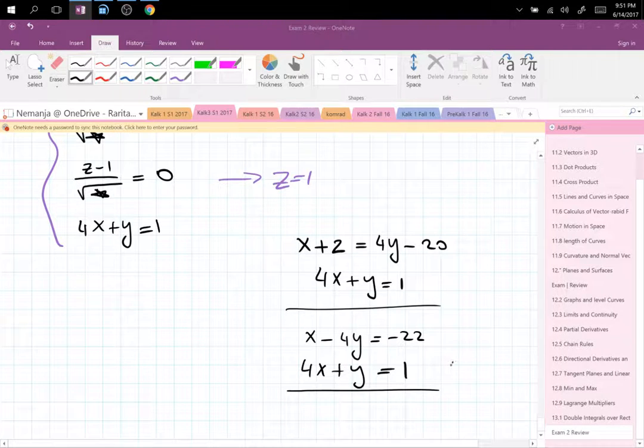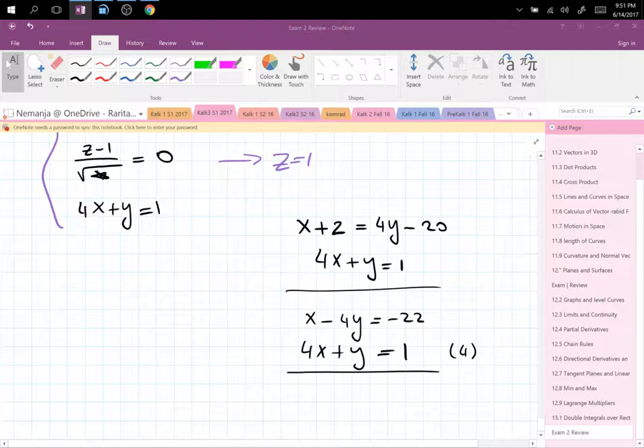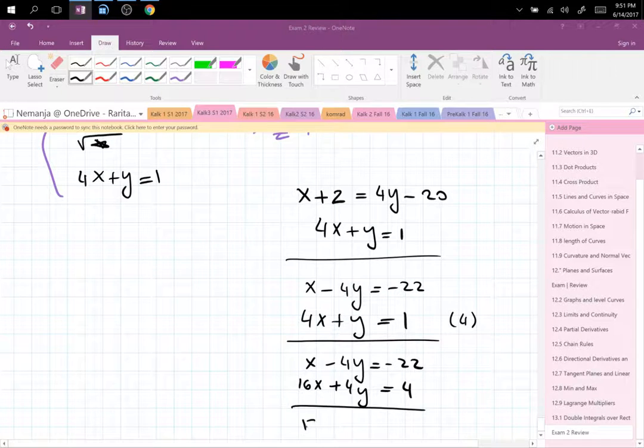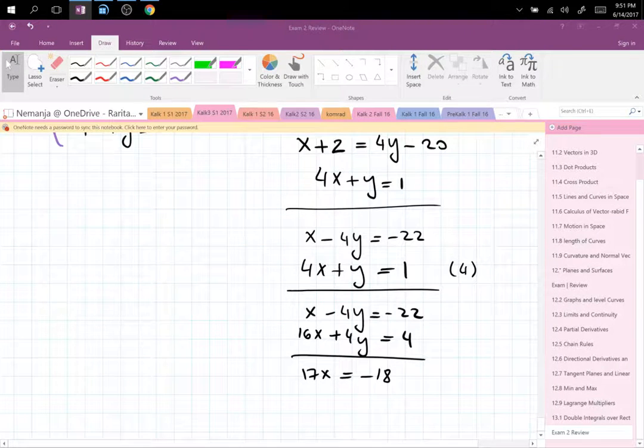So what do I do? I multiply the bottom equation by 4. That will give us the least disturbance in the force. That's going to be 16x plus 4y equals 4. And now when I add these equations, I get 17x is equal to 22 minus 4, which is negative 18. So if all calculations went well, x is equal to negative 18 over 17.